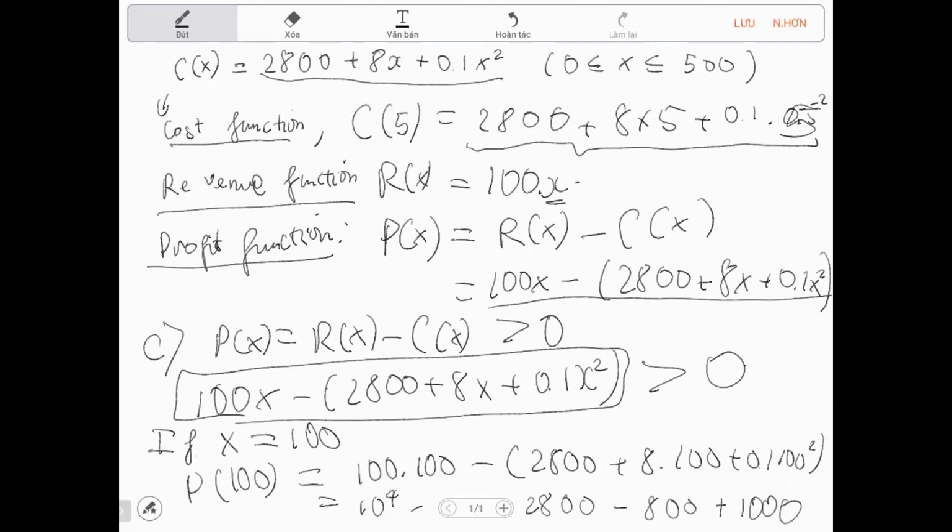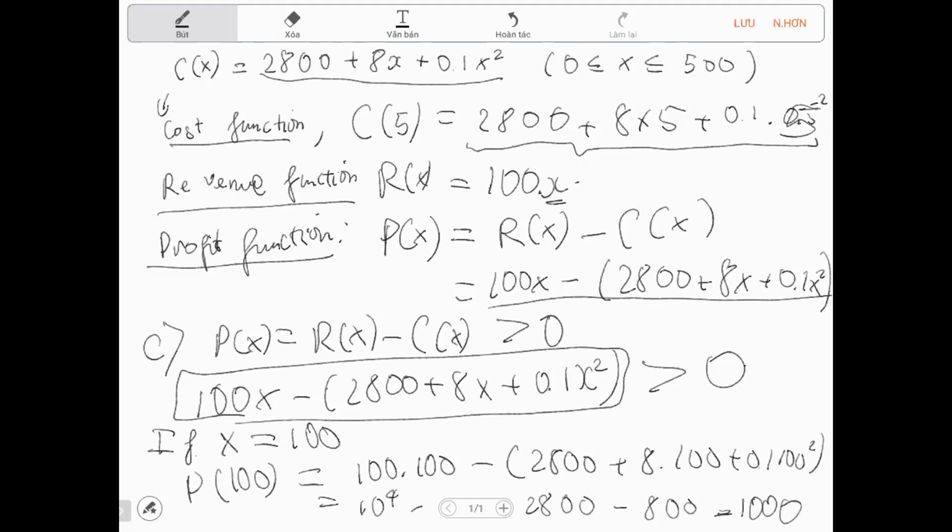Clearly, this is a positive value. So then actually we can make some profit on it.